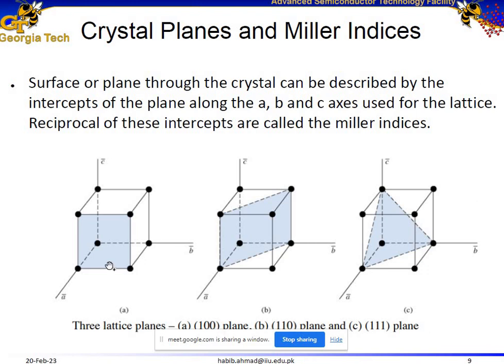So you can perform the growth of gallium nitride or any other kind of material on silicon in different plane directions, 1, 0, 0 or 1, 1, 0 or 1, 1, 1. And one of these planes would give you the best results in terms of growth of materials on top of a substrate. So that is the significance of Miller indices in crystal planes.